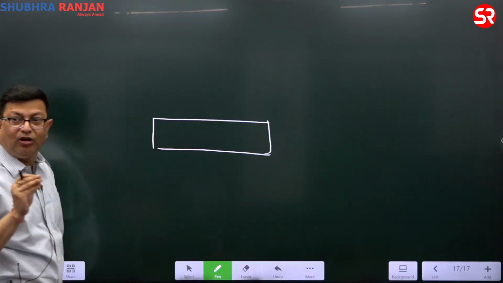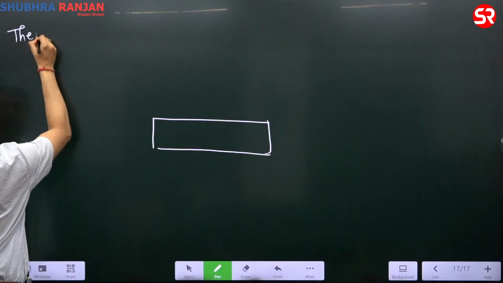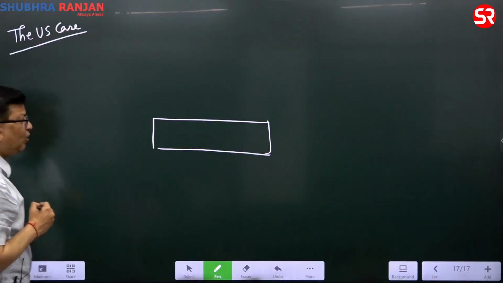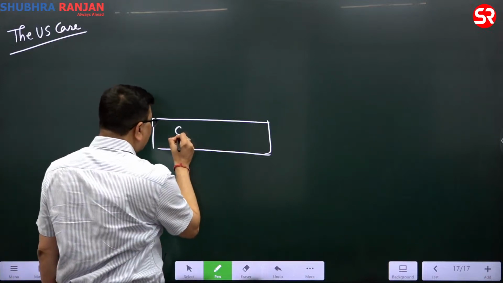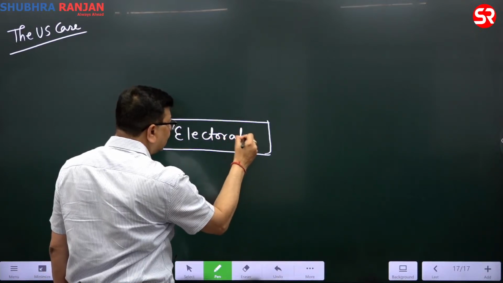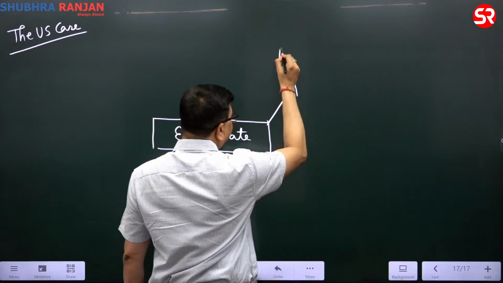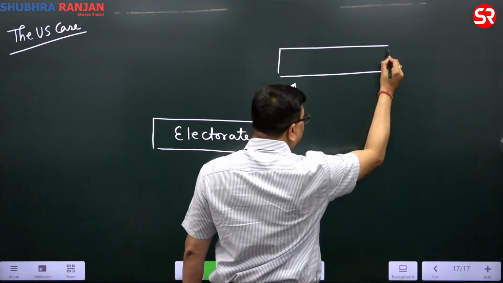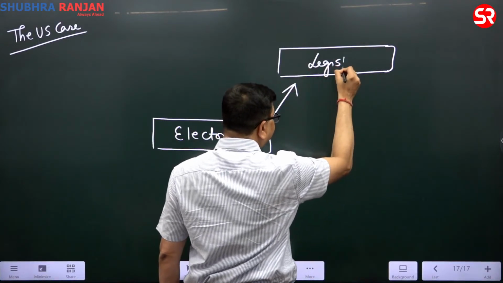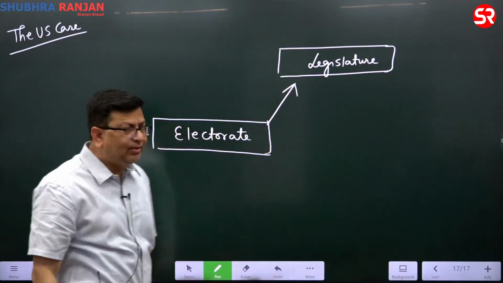Look, the US is a role model of a presidential system. The US case: in the US, the electorate elects the members of the legislature.